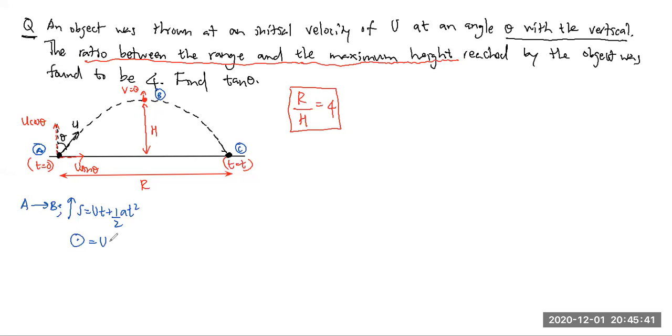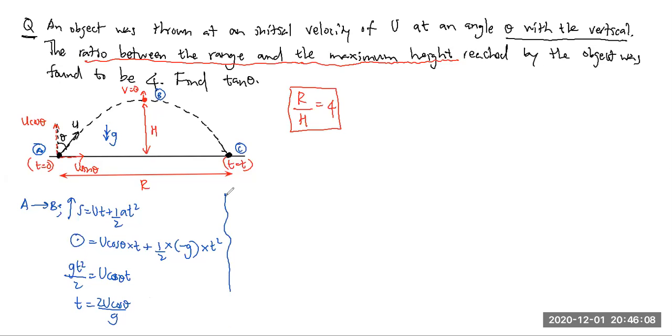Initial velocity is u cos theta into time, plus half into acceleration, which is minus g, because for this motion acceleration is downwards g, and the time is t squared. So if I simplify this, g t squared by 2 is equal to u cos theta t, and ultimately you will be getting an equation for time: 2u cos theta divided by g.